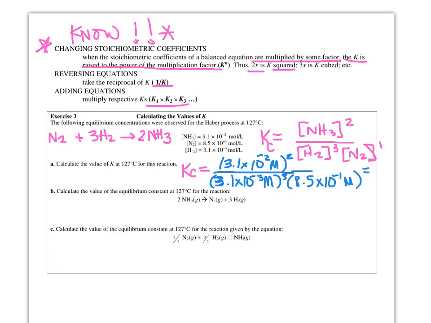So I'm going to calculate that out. All right, so I want 2 sig figs because all of my concentrations had 2 sig figs. So it's going to be 3.8 times 10 to the 4th.